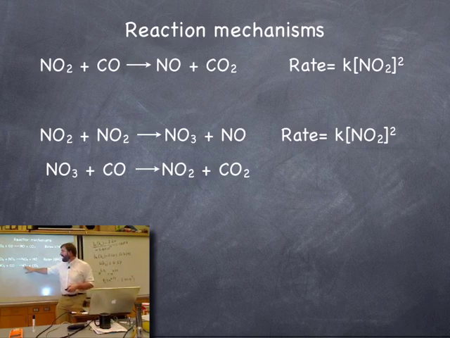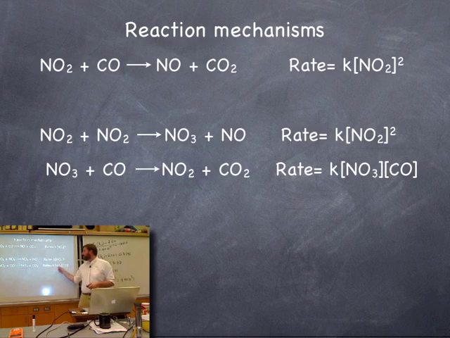In this step, I have a nitrogen trioxide molecule reacting with a carbon monoxide. And the rate law is first order for both of those. Both of these are what we call elementary step reactions because what molecules are reacting, what we call the molecularity, matches the rate law.